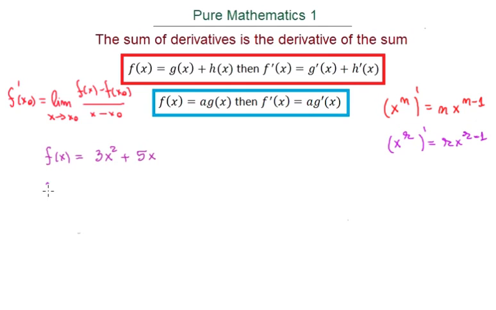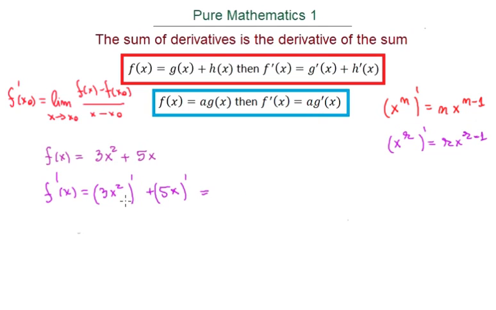So we want to differentiate f of x. We'll say the derivative of f will be, this is a sum of two terms, so then we can apply the formula. We can differentiate both of the terms, so it will be 3x squared, which we want to differentiate, plus 5x, which we will differentiate. Now 3 times x squared we want to differentiate, but we know now that a times g of x differentiated is a times the derivative of g.